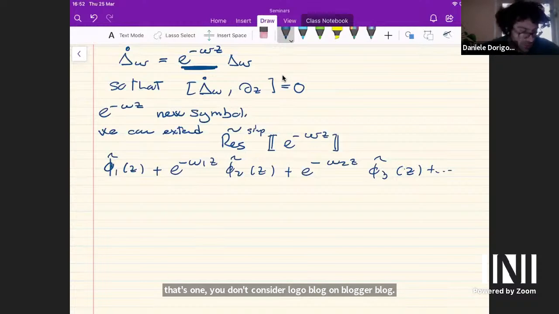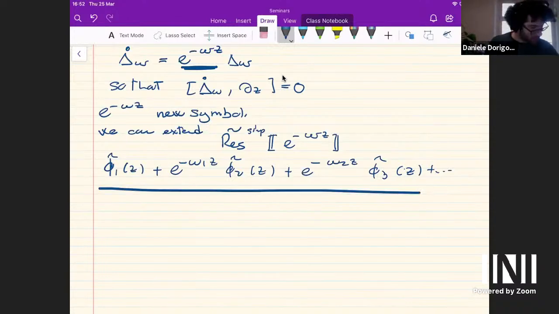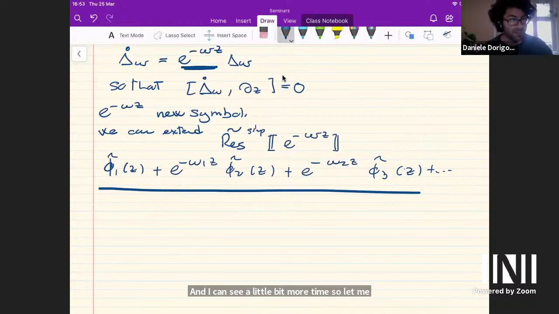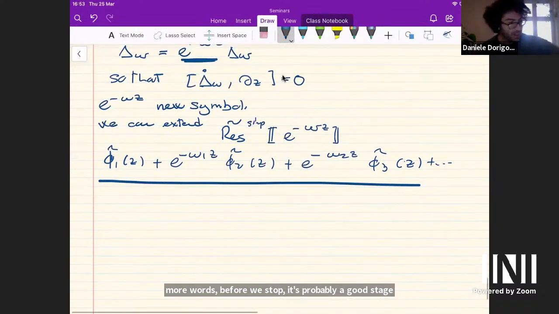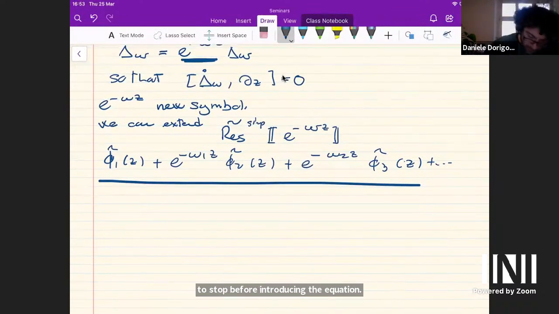So at this point, what we want to study are objects of this form in here. I have a little bit more time, so let me say a few more words before we stop. It's probably a good stage to stop before introducing the bridge equation. So at this point, let me note the following.